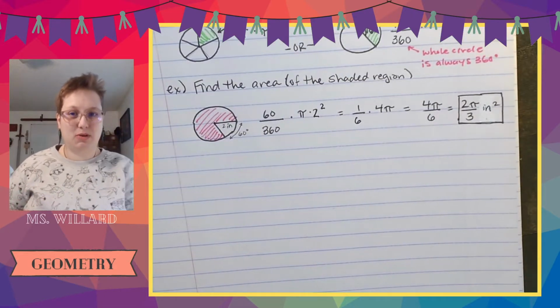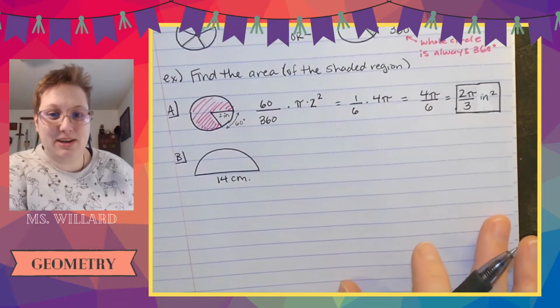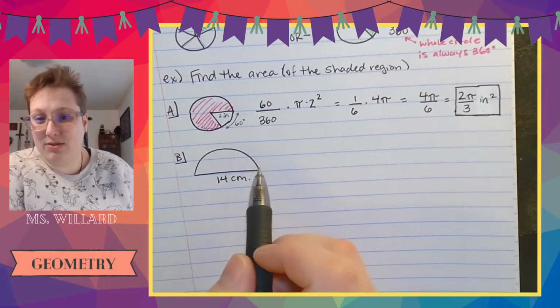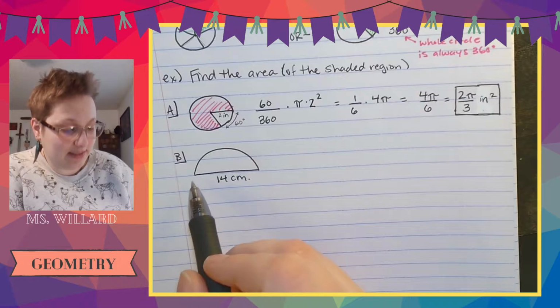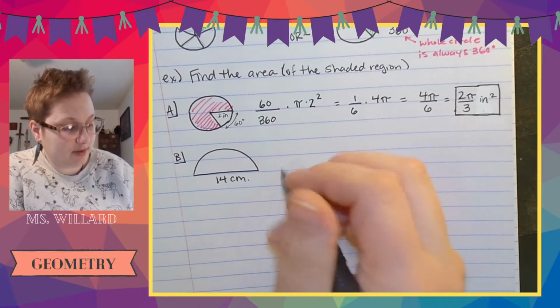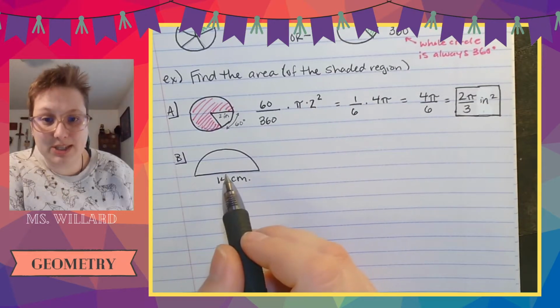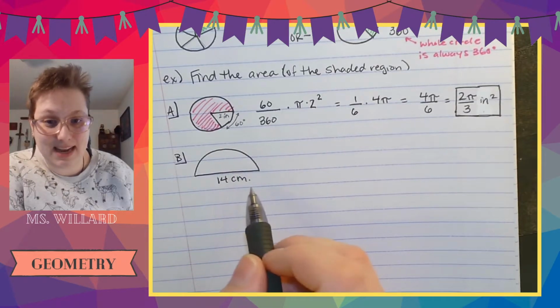I also am going to do one more where it already shows you the fraction. Actually, I'm not. This is also a very common one. This is a semicircle or a half of a circle. It's literally half of a circle. The other half would be down here. So for this one, I would do half of the full circle, which has radius of 7, because this is the diameter.